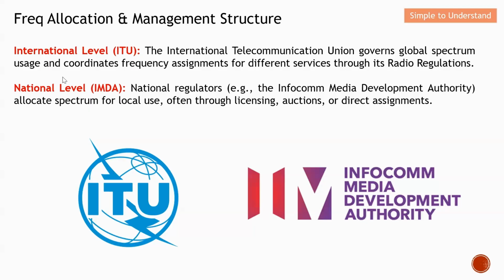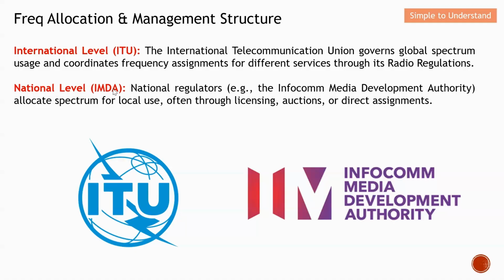Coming to the national level, for example, I'm in Singapore, which is controlled by IMDA. This is under the national regulator. IMDA will allocate spectrum for local use and offer it through licensing, auction, or direct assignment. So this is how the frequency is allocated. Firstly, controlled by ITU, and then each country's national authority will reassign the frequency usage.